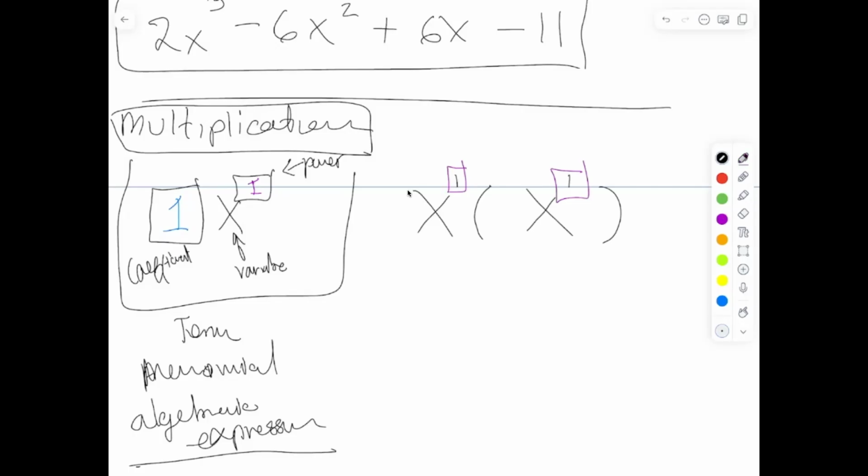Didn't we just talk about bases and powers and what happens when we have the same base? What do we do with the powers? You can combine them. Not only combine them, we are adding them, correct? Yep. So x times x is going to give me x, 1 plus 1 is equal to x squared, correct? Yes.